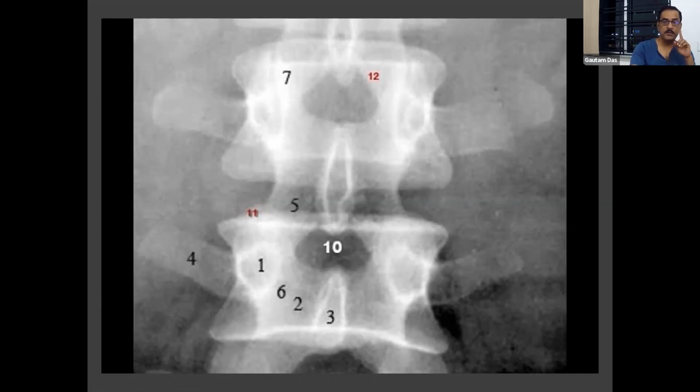So you need to understand all these structures in the AP view, oblique view, and lateral view. I tell this as a very simple exercise, and you must all be practicing it. This is important for your C-arm guided procedures also. Download AP and oblique views of the lumbosacral spine from the internet, and you will get thousands of X-rays.